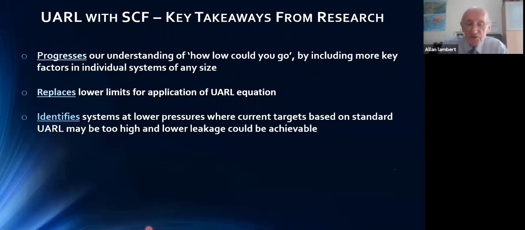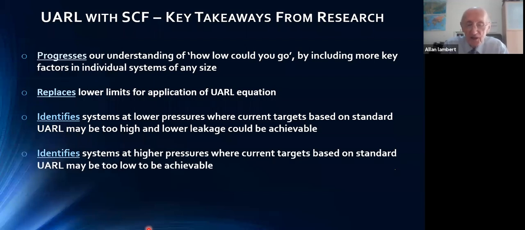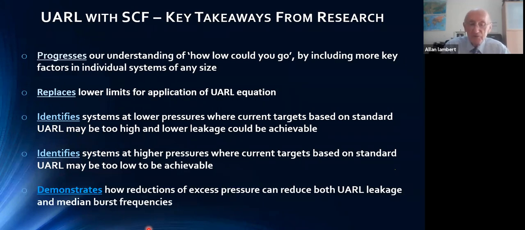It identifies systems at lower pressures where current targets based on standard UARL may be too high and lower leakage could be achievable. It identifies systems at higher pressures where current targets based on standard UARL may be too low and may need to be increased. And it also demonstrates very nicely how reductions of excess pressure can reduce both UARL leakage and median burst frequencies.